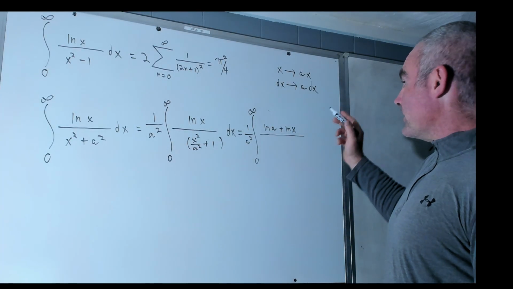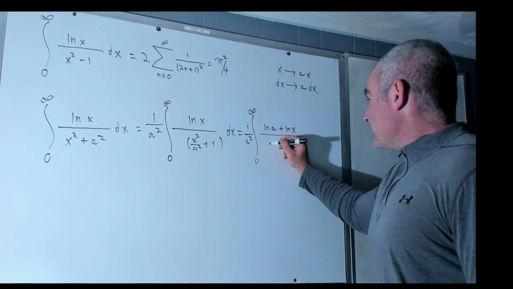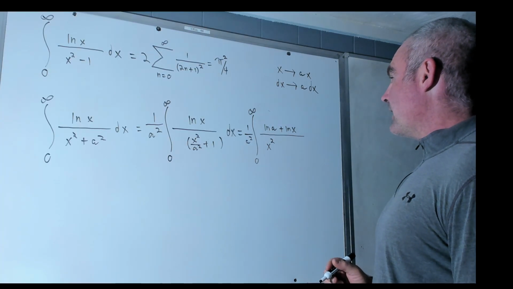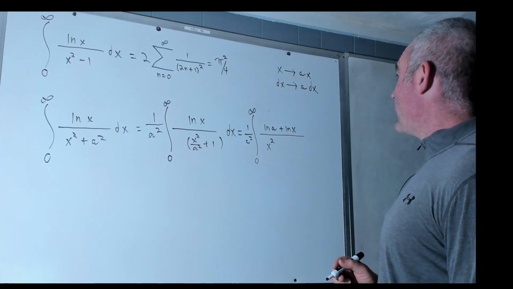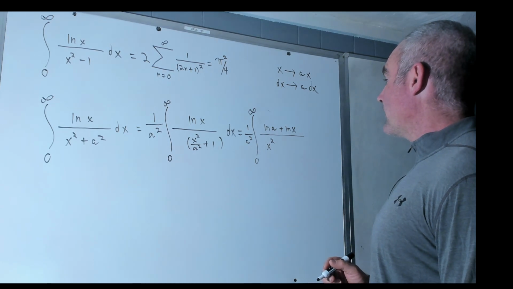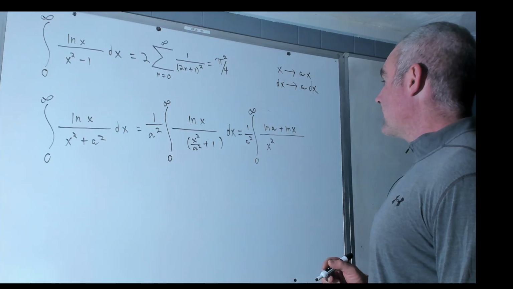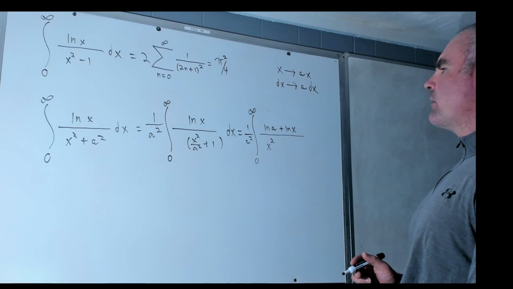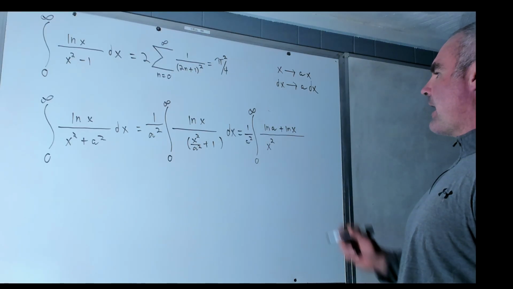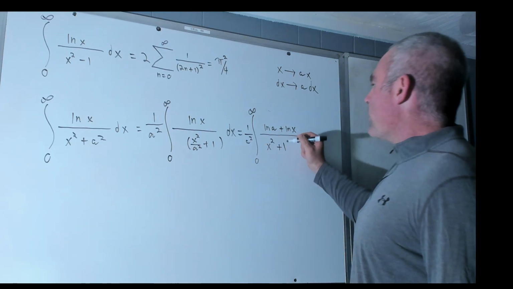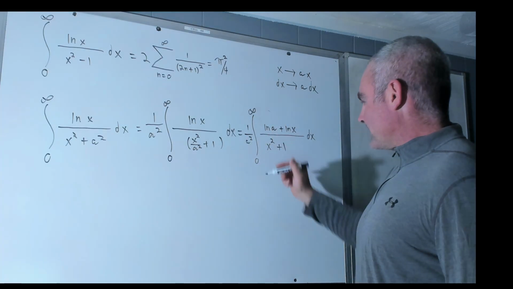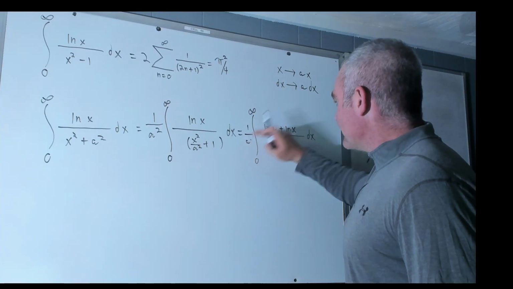So that's going to be x squared plus 1, and then our dx is a dx. That's going to cancel one of these a's right here.